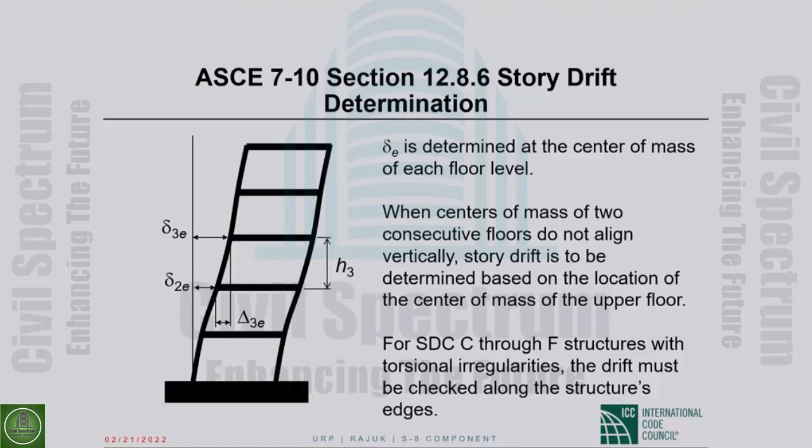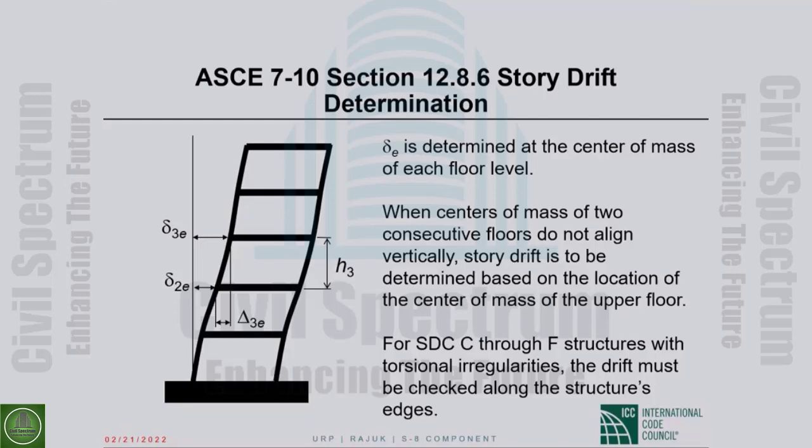However, if the centers of mass of level 3 and level 2 are not vertically aligned, then the interstory drift would be the deflection at the center of mass of level 3 minus the deflection at a vertically aligned point below the center of mass of level 3 on level 2.